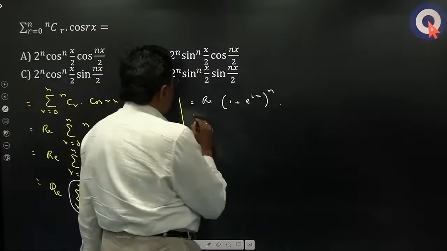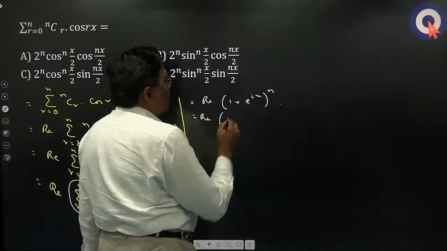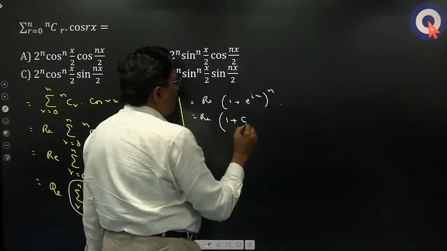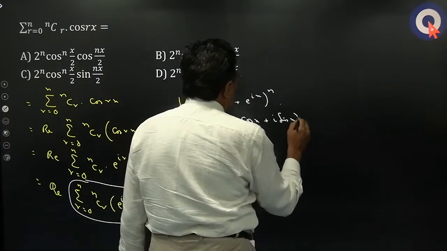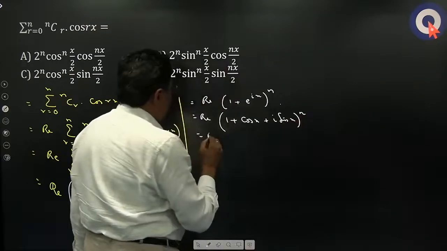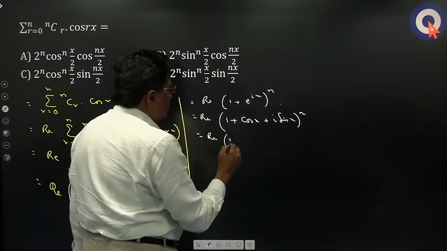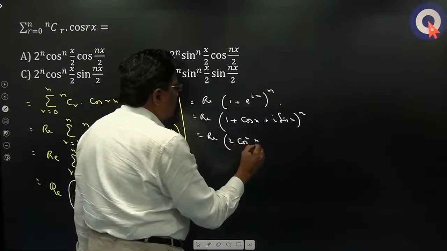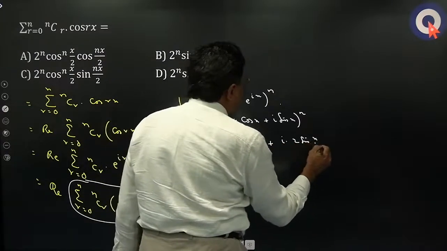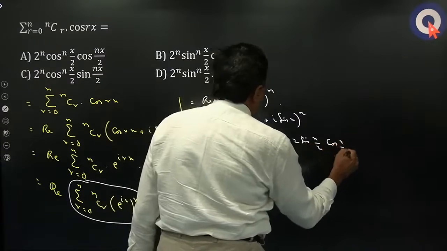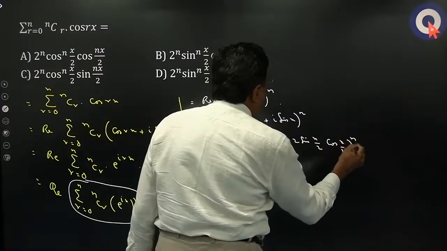So this is the real part of (1 plus cos x plus i sin x) whole power n, which is the real part of (1 plus cos x is 2 cos square x by 2) plus i into 2 sin x by 2 cos x by 2, whole power n.